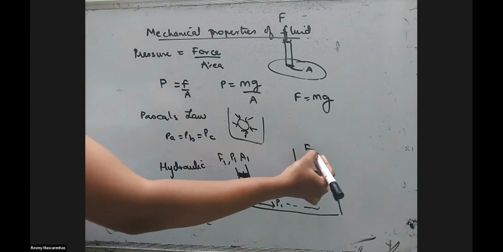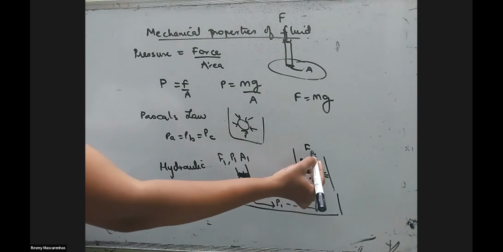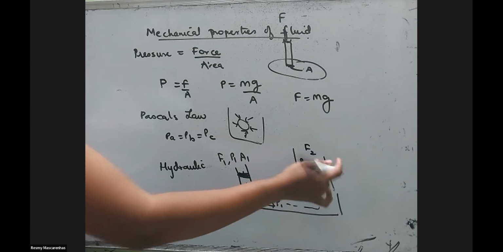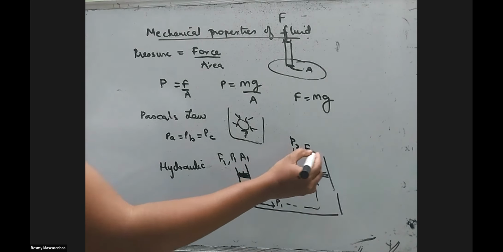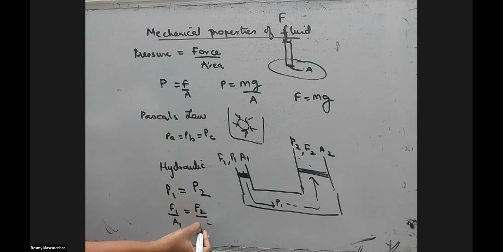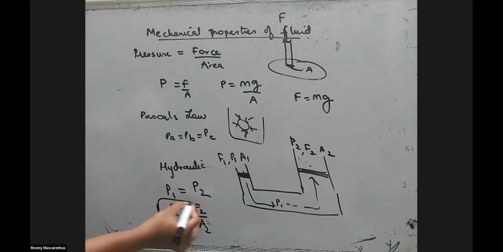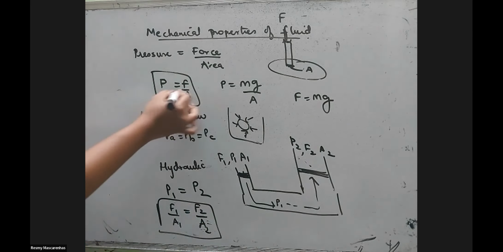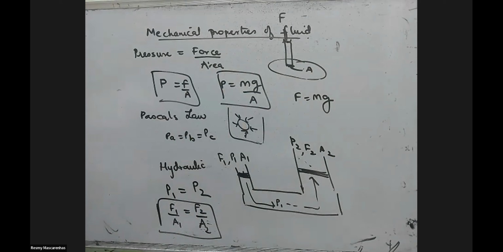The force exerted on this piston will be F2, and consider the area as A2. Then as per Pascal's law the pressure is always equal. F1 upon A1 will always be equal to F2 upon A2. This is another one needed to solve the problem. These three things you should know.